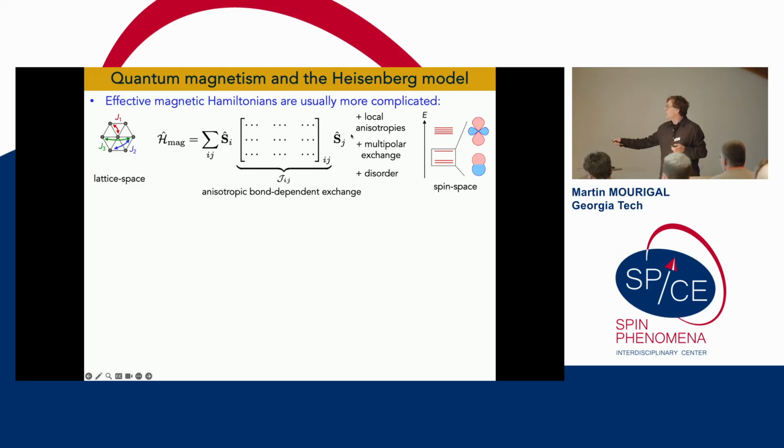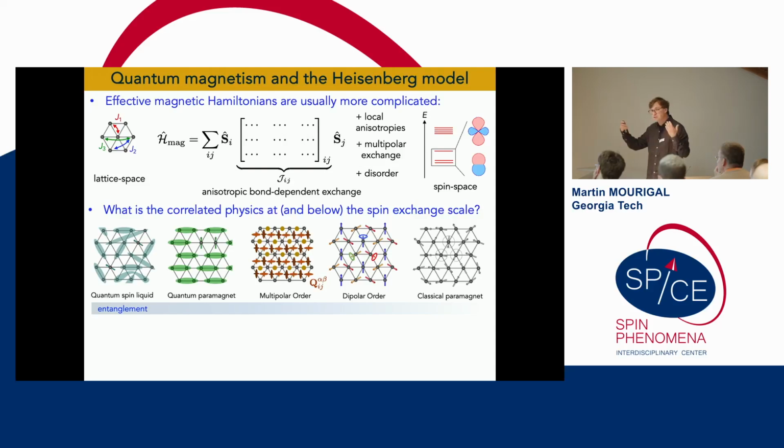And then, importantly, especially nowadays, you have anisotropies that come from the local Hilbert space. You can have higher order exchange terms. You can have disorder. So this magnetic Hamiltonian that emerges from electronic systems in their insulating limit is quite rich and quite complicated. And so the goal for today is to explain how we study these materials and what kind of physics we can understand from them.